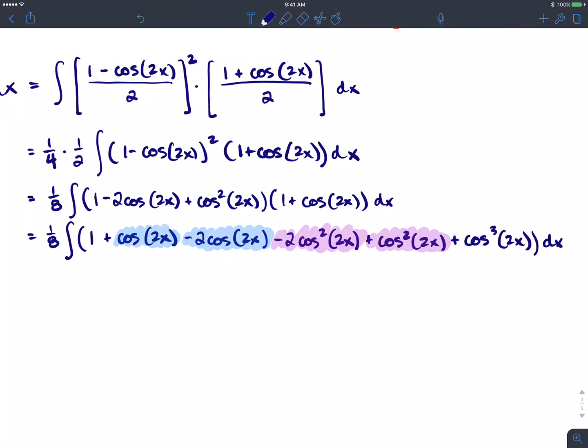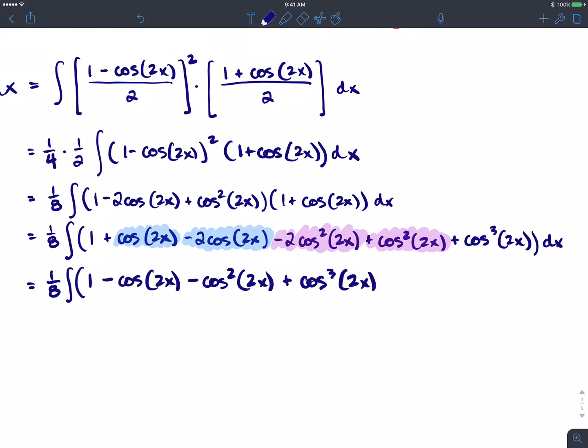And if we were to do that, we now have 1/8 times the integral of 1 minus cosine 2x, and then minus cosine squared 2x plus cosine cubed 2x dx. Okay, good news, we're done with combinations and simplifications.